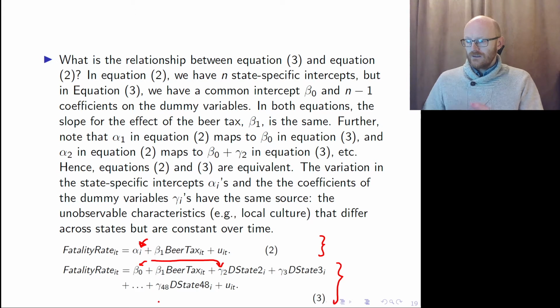Okay, so the intercept in equation 2 is just the intercept in equation 3 plus the adjustment from the base case. And the intercept for the base case in equation 3 is just the beta naught.